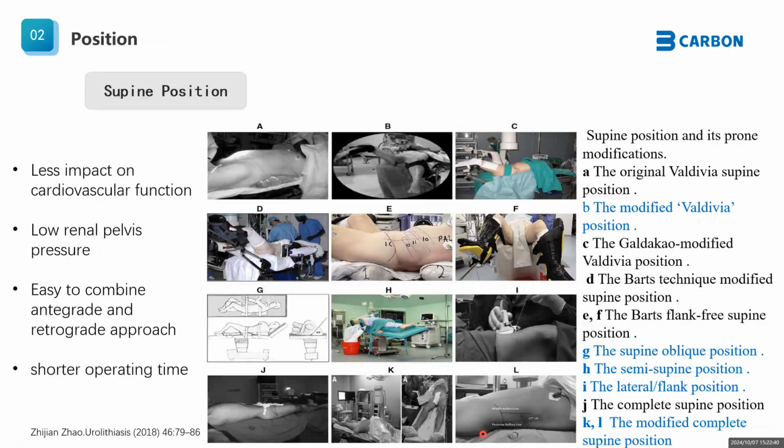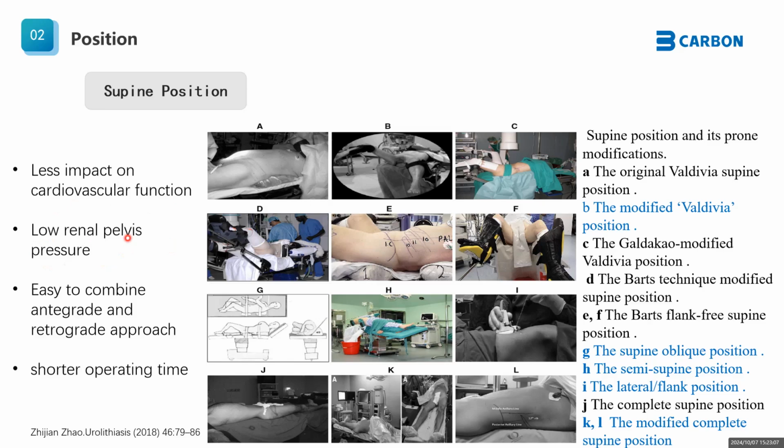And the supine position, recently some doctors are going to use this supine position because they believe that this position has less impact on cardiovascular function and lowers the renal pelvis pressure.